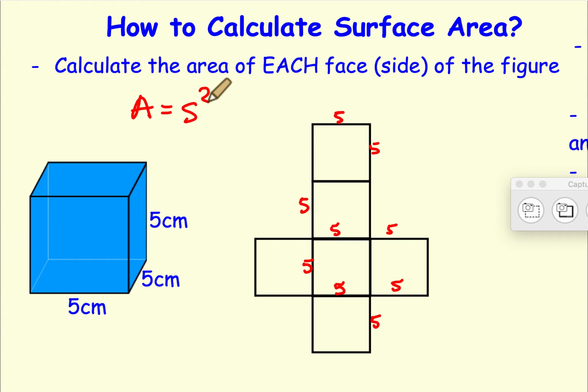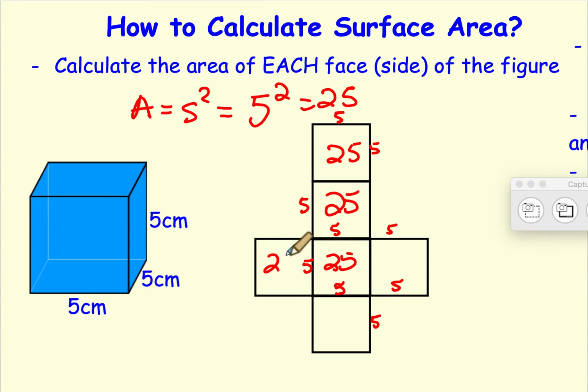And in this case, my s looks like 5. I would replace the s with a 5, square it, and I get 25. And so if all of these have an area of 25, and there happen to be 6 of them, what's a shortcut for adding 6?